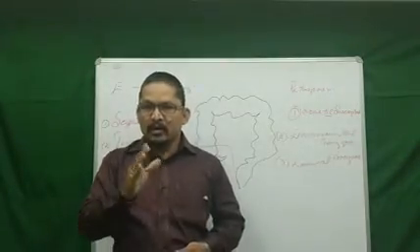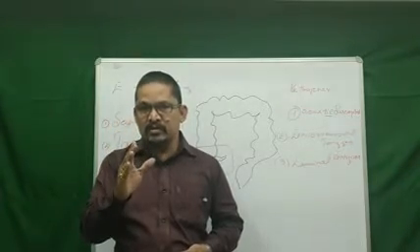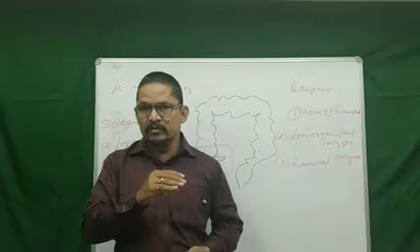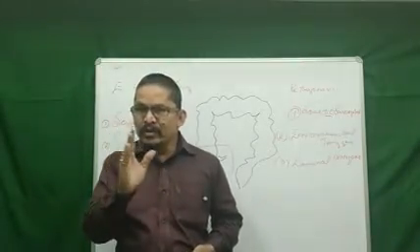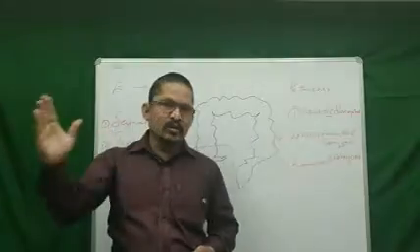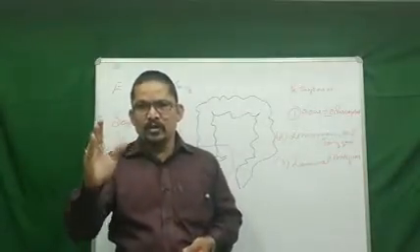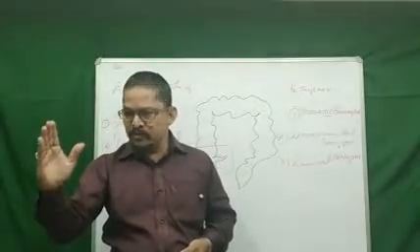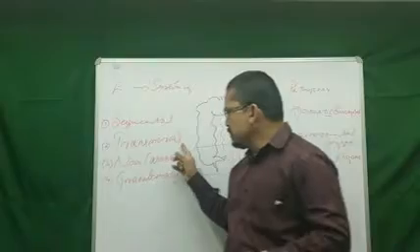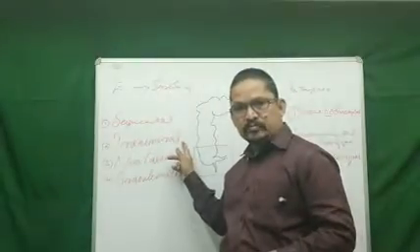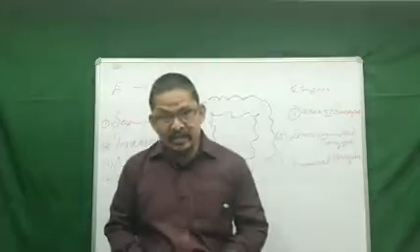But here, if our patient is having Crohn's disease, it will involve each and every layer of our GIT, that means from mucosa to submucosa, from submucosa to muscularis, from muscularis to the serosa. That is why it is transmural. And it is a non-caseating and granulomatous disorder also.